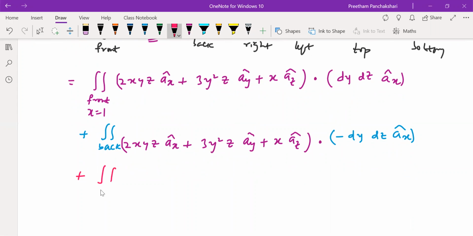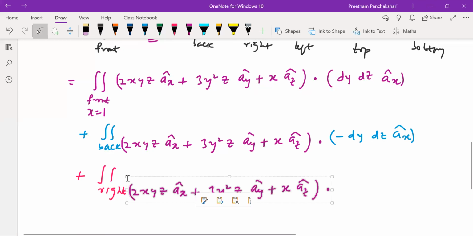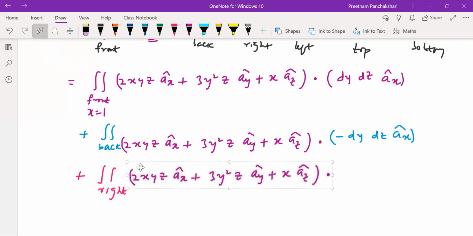Now, similarly, the right face. Same vector. We should write differential surface element here. The right face always looks towards the positive y-axis.